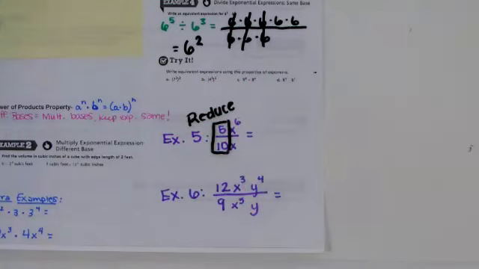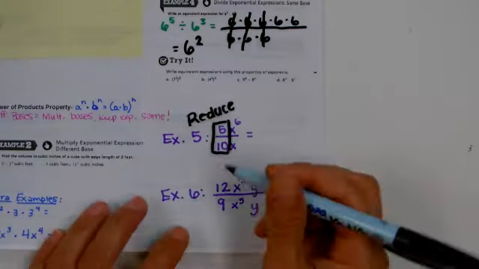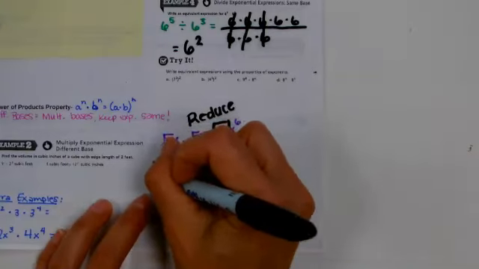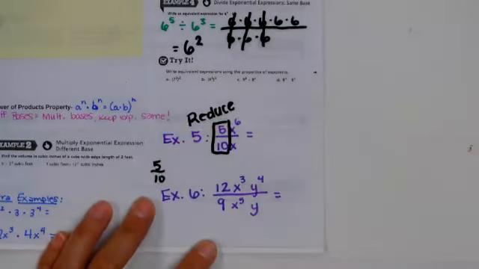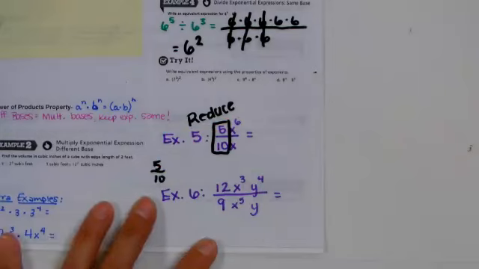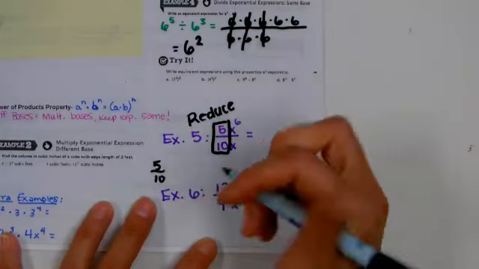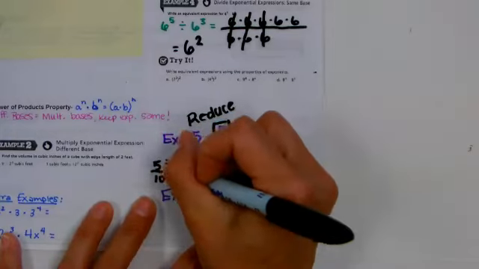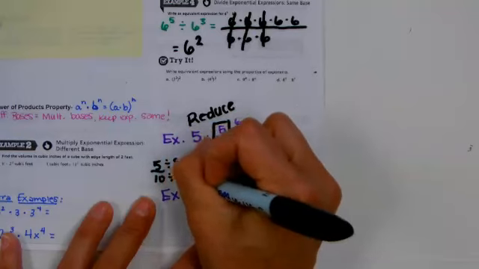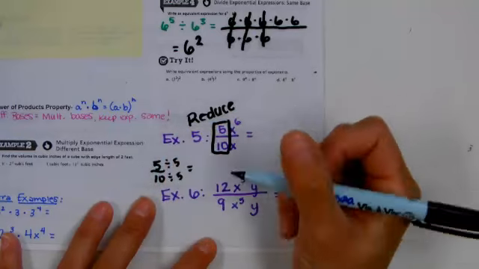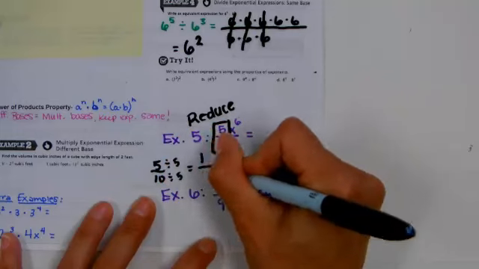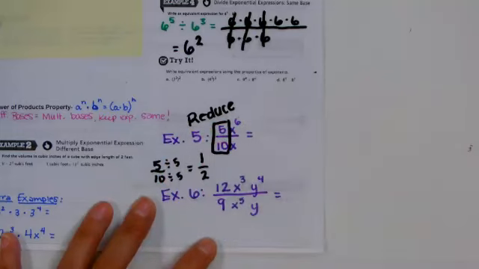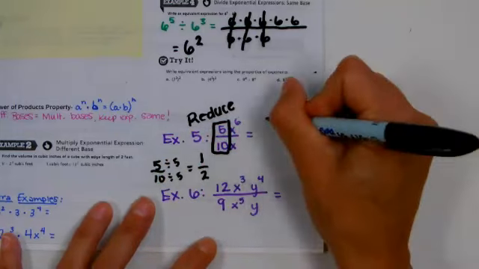If this were 5/10, to reduce it we ask what number can I divide both 5 and 10 by? That would be 5. So I divide both the top and bottom by 5, and that gives 1/2. The first part of my answer is 1/2.